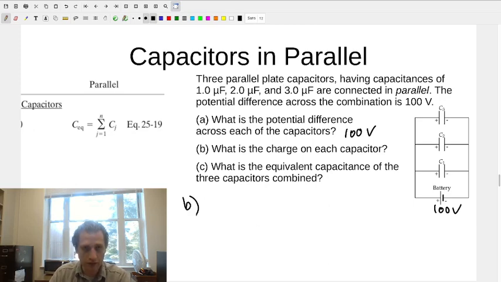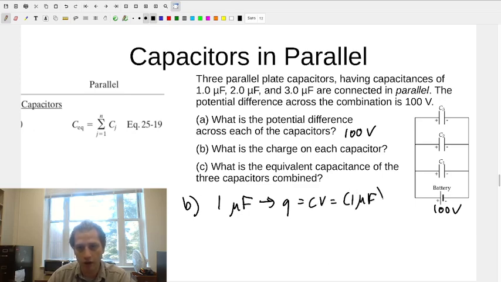So for B, if you wanted to look at the 1 microfarad capacitor, you could find the Q equals CV just by doing 1 microfarad times 100 volts, and then the Q would be 100 microcoulombs.